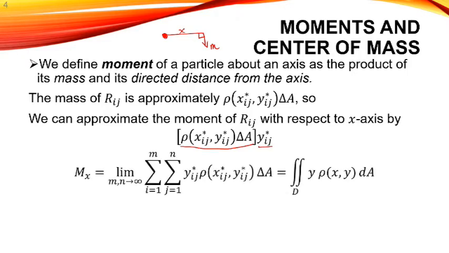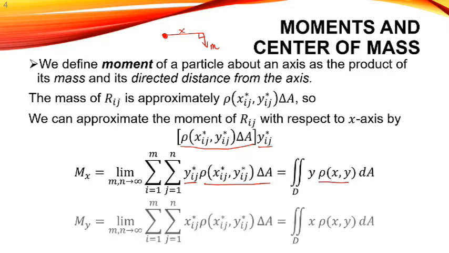Okay, so the moment with respect to x-axis is equal to the Riemann sum of the product of the distance and the mass, which is evaluated by the product of rho, or the density function, times delta A, which is equal to double integral of y times the density function and times dA, evaluated in the region D.